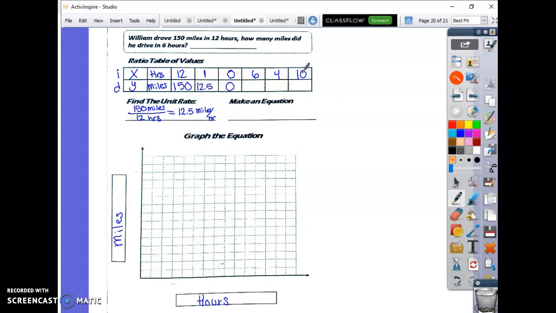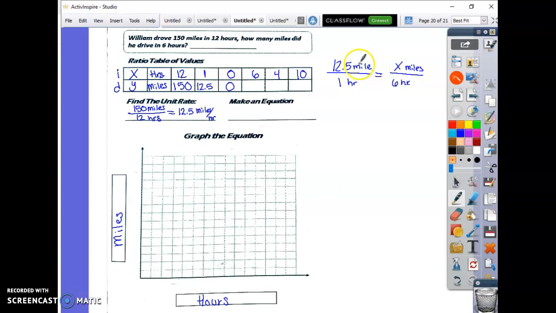The way to find it is by taking your unit rate, 12.5 miles per 1 hour, and you can set it up as a proportion. So for 6 hours, how many miles did he travel?